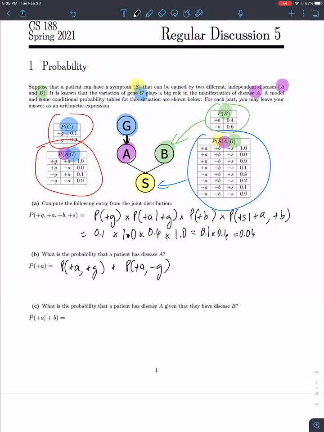Now, because we want to have things in terms of probability of G and probability of A given G, we can expand this out.